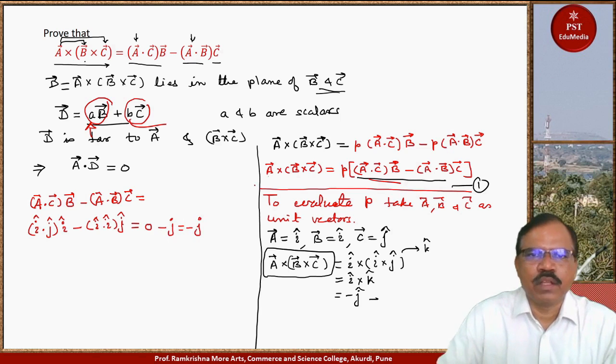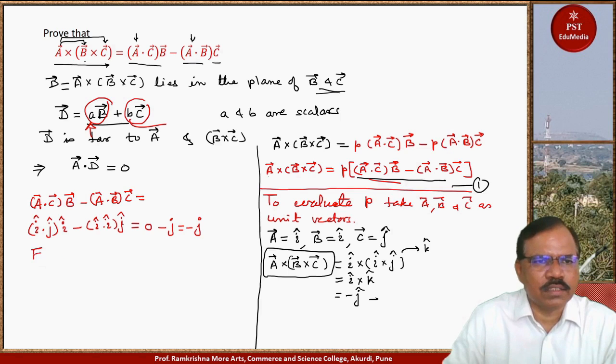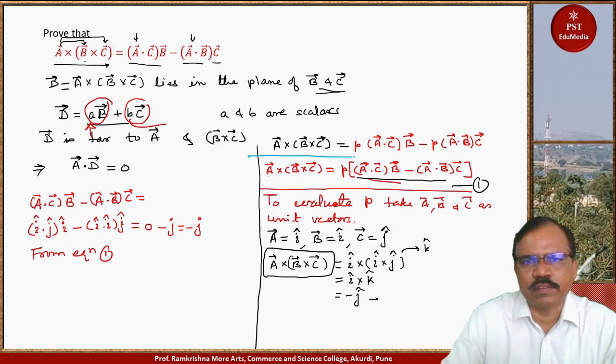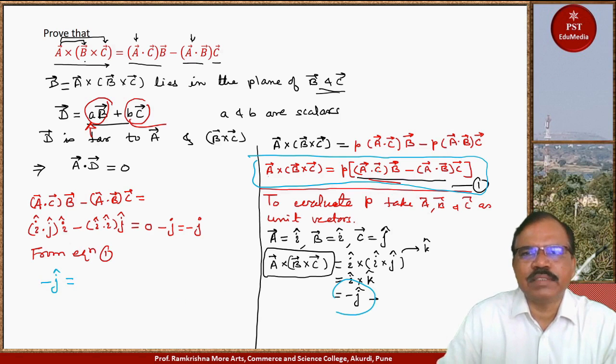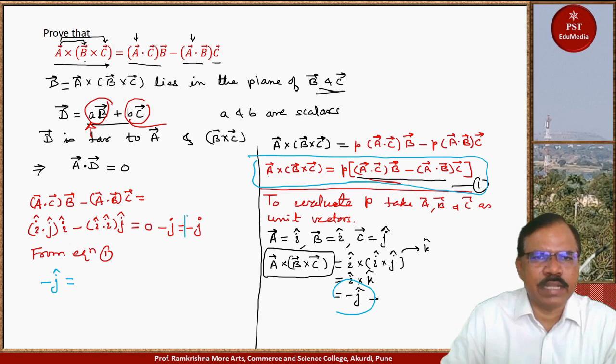So see here, from equation 1, we have this vector, this equation 1. A cross B cross C is equal to minus J. So minus J is equal to, now P times this bracket, and this bracket we got minus J. So minus Pj.